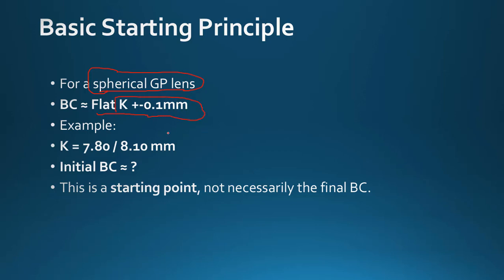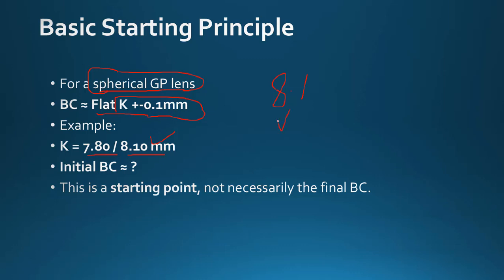What does that mean? That means that if we have corneal keratometric readings 7.8 and 8.1, the first step will be to identify the flat K. The flat K in this case is 8.1. Now I can add or I can subtract 0.1 millimeter depending upon what I like.